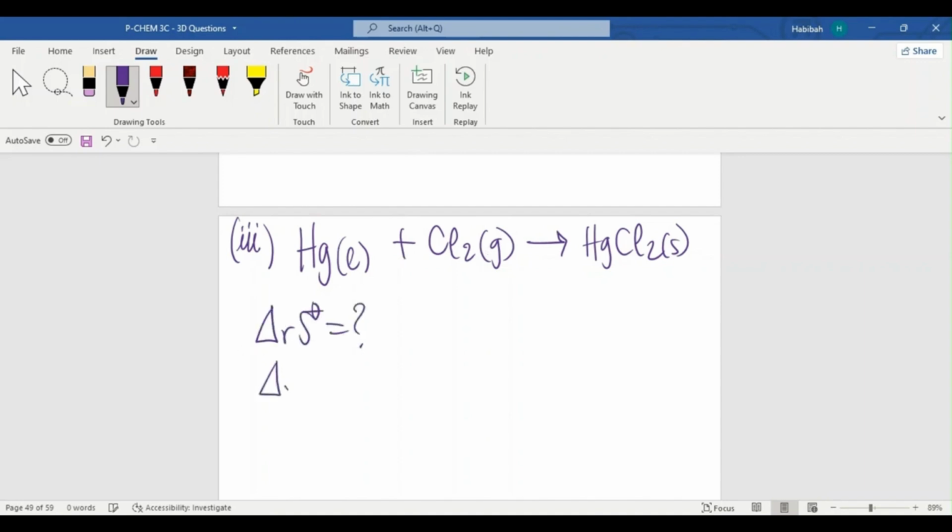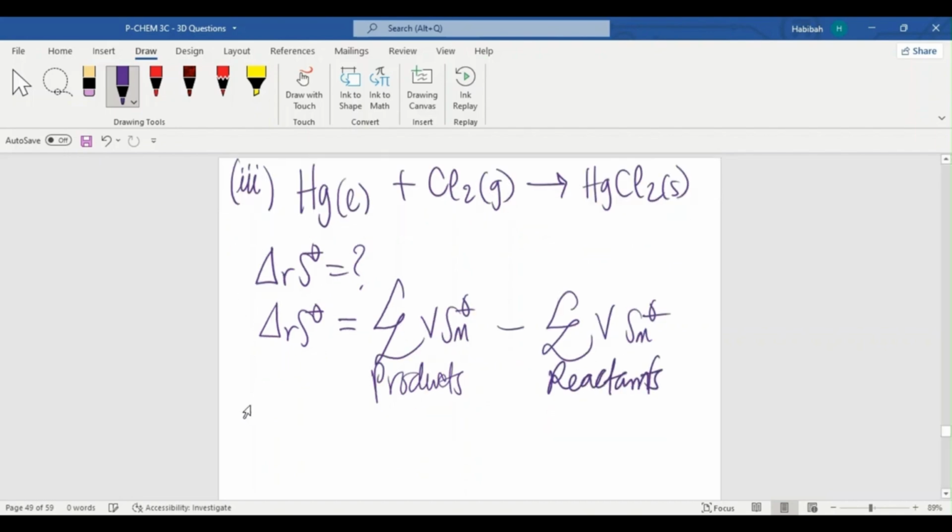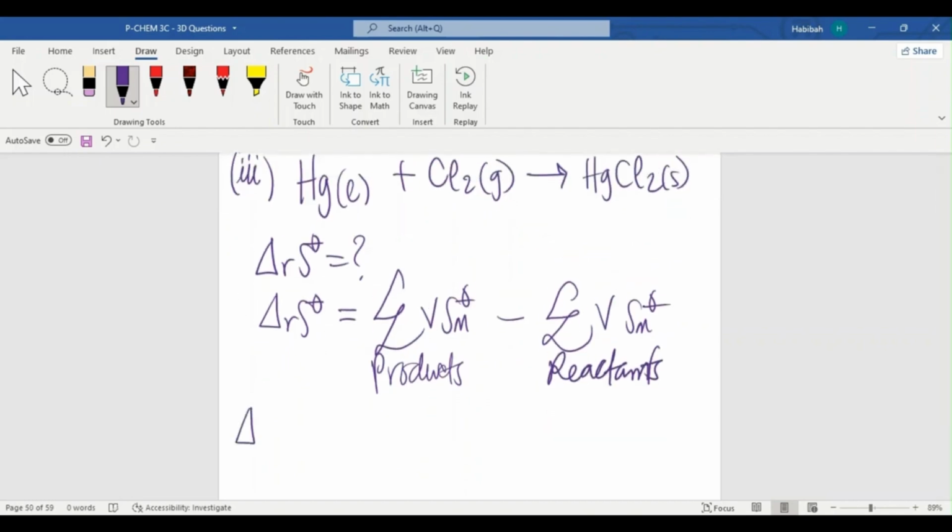Remember what I said: the change in standard entropy of reaction is simply the summation of the molar entropies of the products, minus the summation of the molar entropies of the reactants. So basically what we've been learning so far, and we're just going to apply that knowledge to this question as well. Again, you can pause this part of the video and try it based on how I taught you number 1 and number 2.